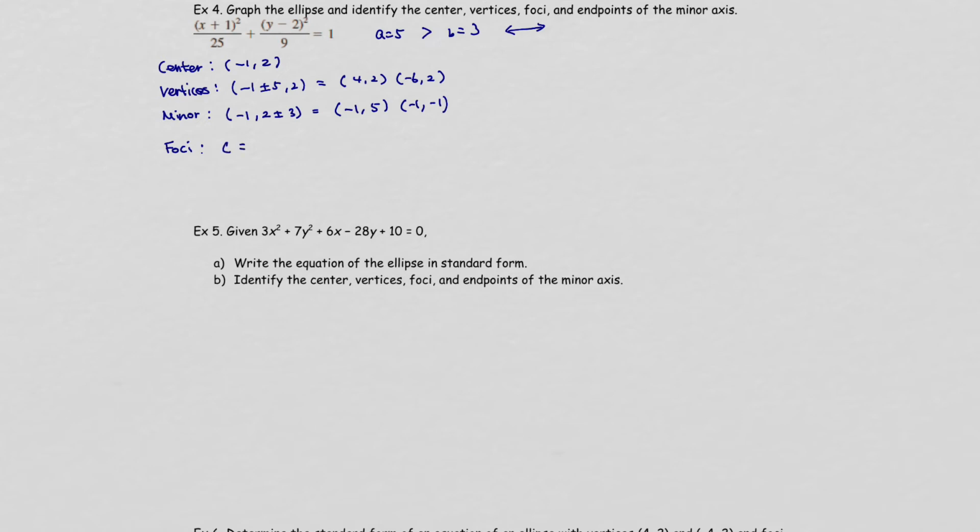Your focus points are plus or minus the square root of A squared minus B squared. So it'll be 25 minus 9, which gives me the square root of 16. That's plus or minus 4.